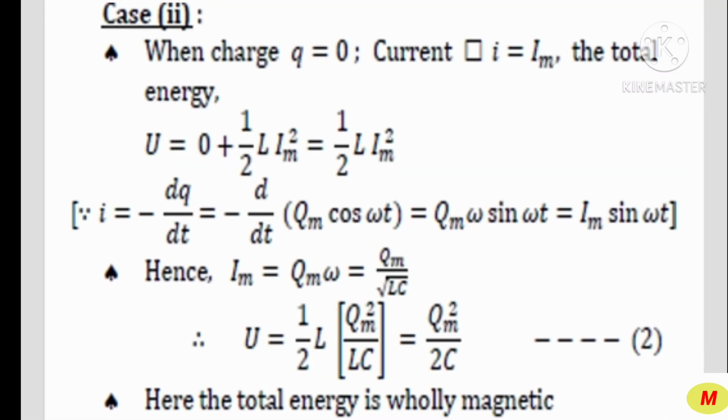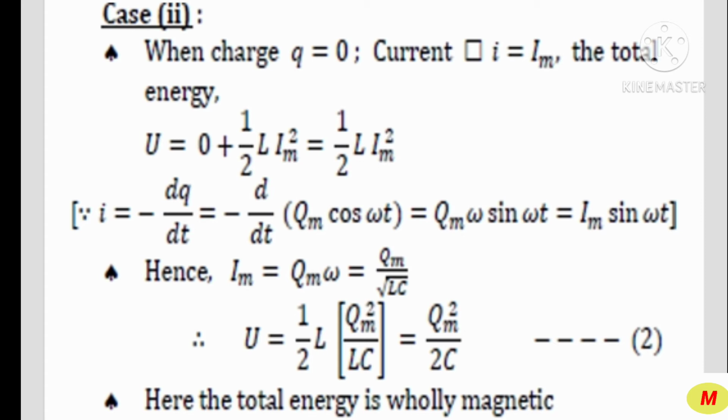Next, case 2. When charge Q is equal to 0, current I is equal to capital Im, then the total energy can be written as U is equal to 0 plus half Lim squared, which is equal to half Lim squared.